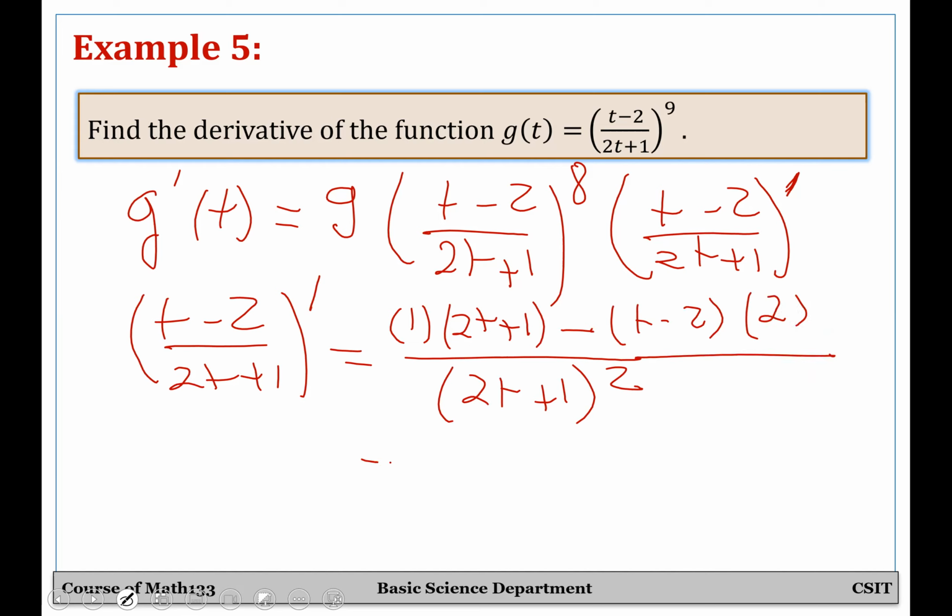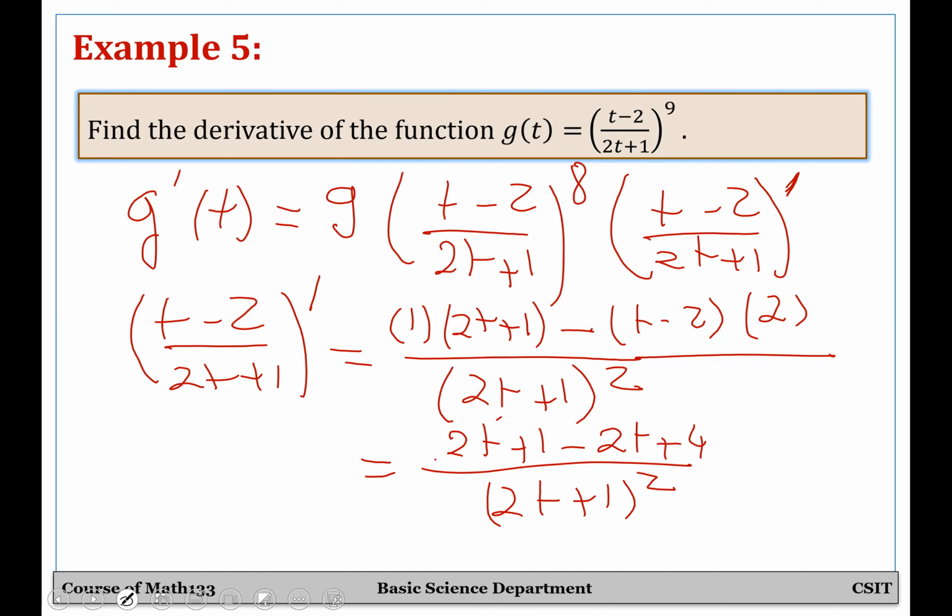And now I will expand the numerator. You don't expand the denominator, keep it like that. Then you will have 2t plus 1 minus 2t plus 4. So 2t minus 2t and 1 plus 4, this is 5 over 2t plus 1 squared.